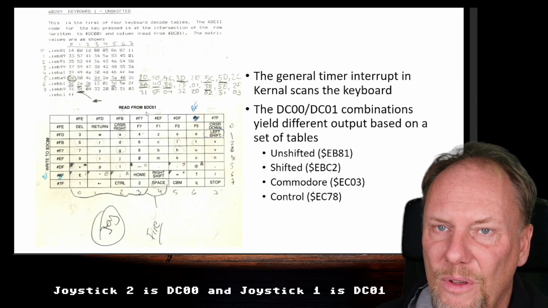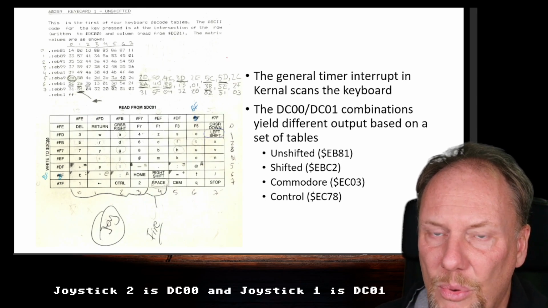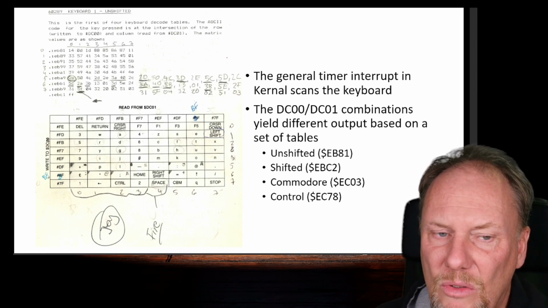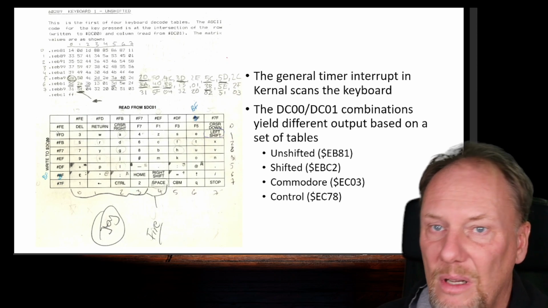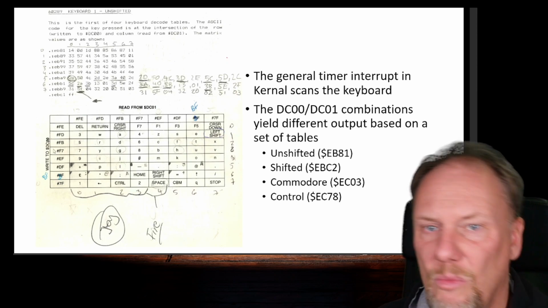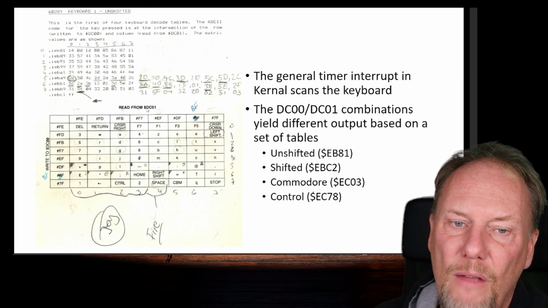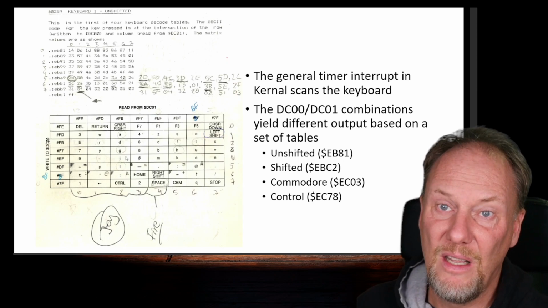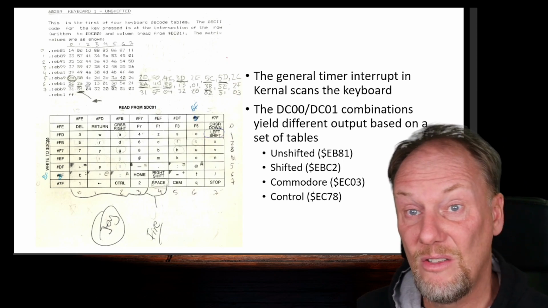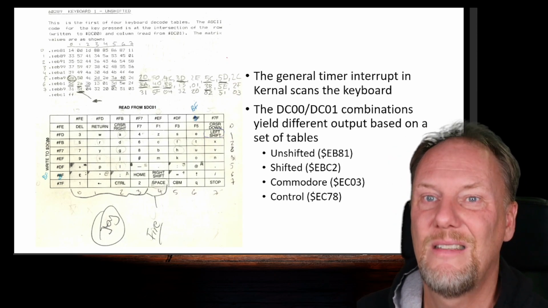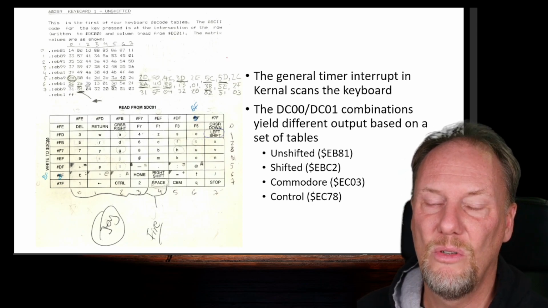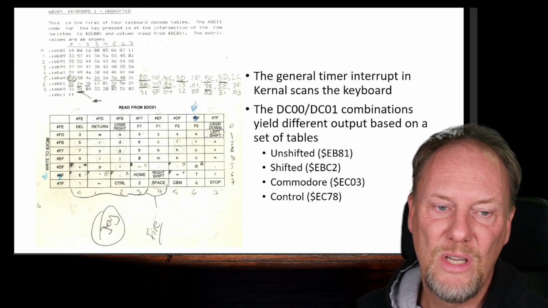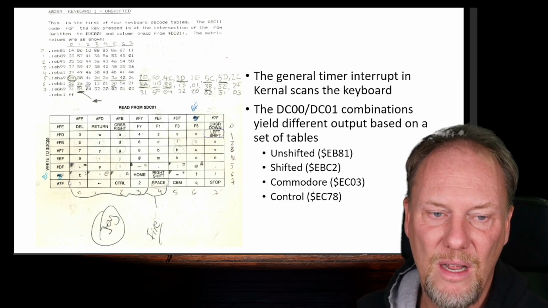And that is sort of the confusing part, because if you're using port A, or the first port, that would mean that you need to read from DC00. Whereas if you have the joystick in port B, you would have the data direction set so that if you press certain keys, they would be the same as the joystick pins, because the joystick pins is sort of checking the bit 7 here.